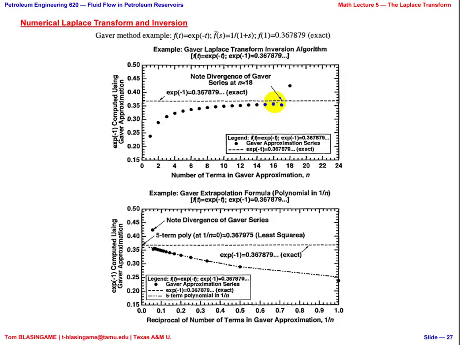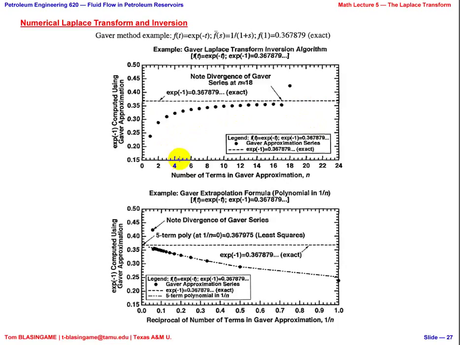From here, if you exceed 16, you may start having numerical instability; the algorithm becomes really unstable for large n's. But you cannot use low n's either.